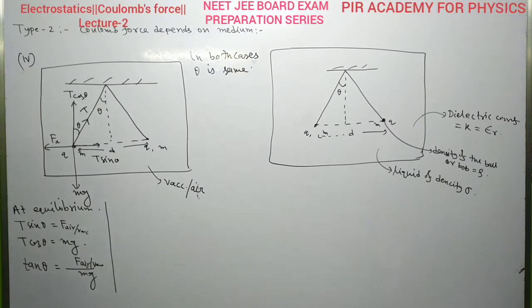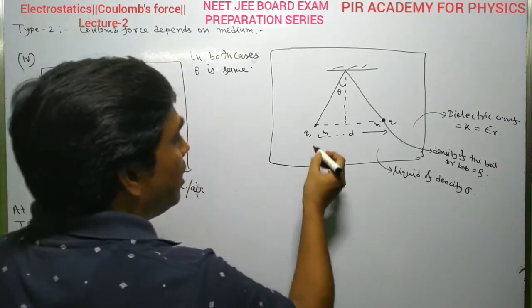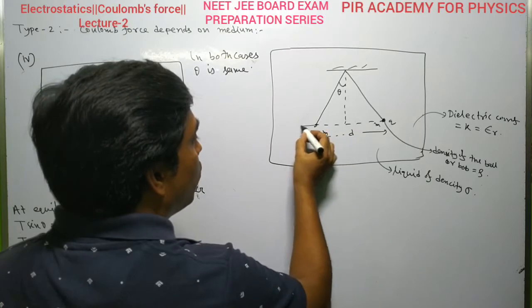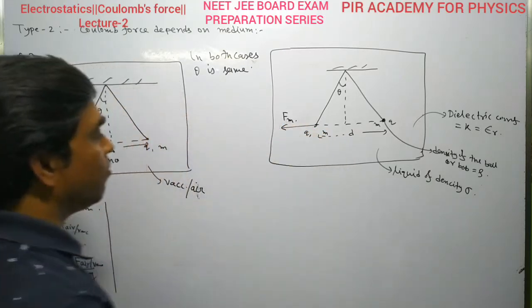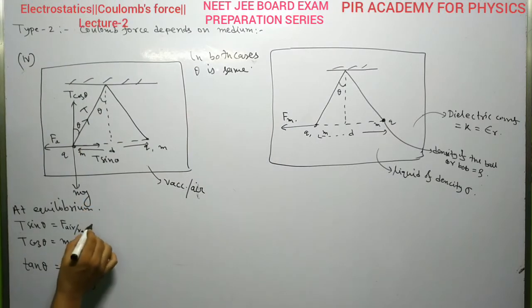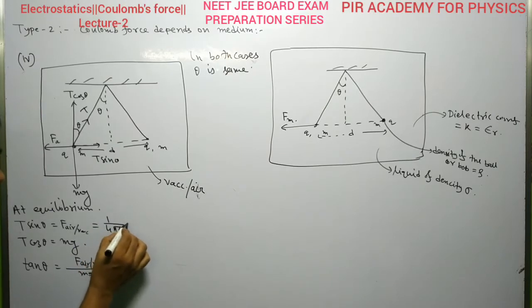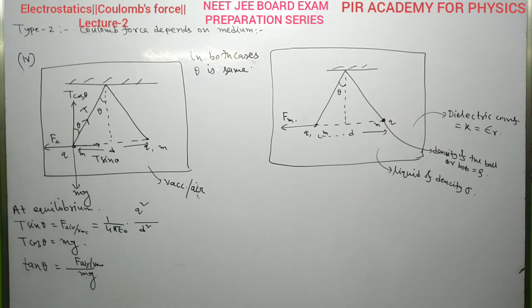Here the force is 1 by 4 pi epsilon naught into q square by d square. This is the force between two charges, F of air or vacuum.